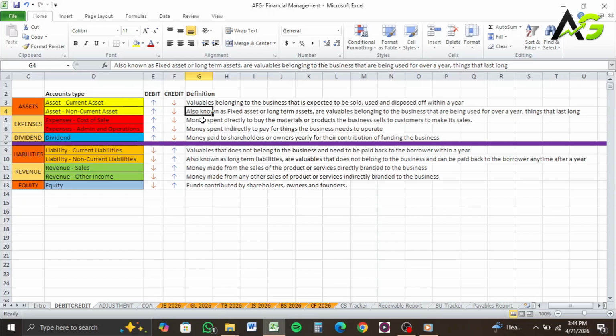Okay, so the statement of financial performance is just for you to know how we have performed in a particular period, maybe last year, this year, last month, last week, any period from one date to another date.